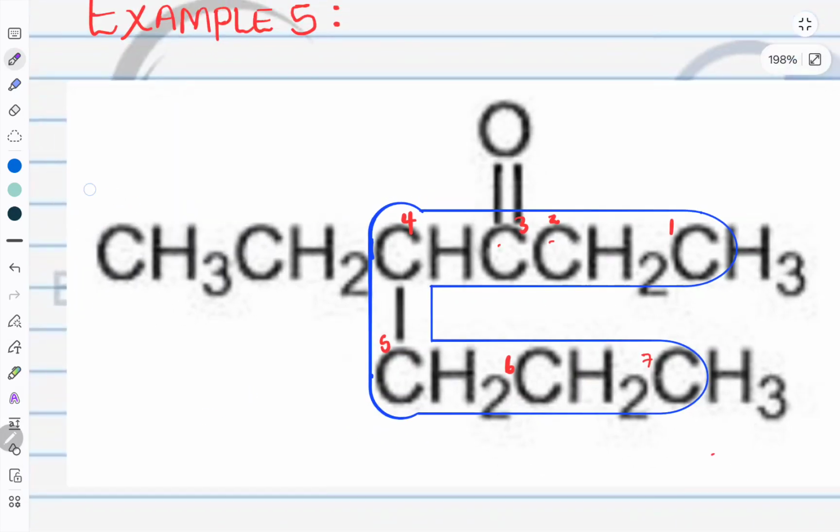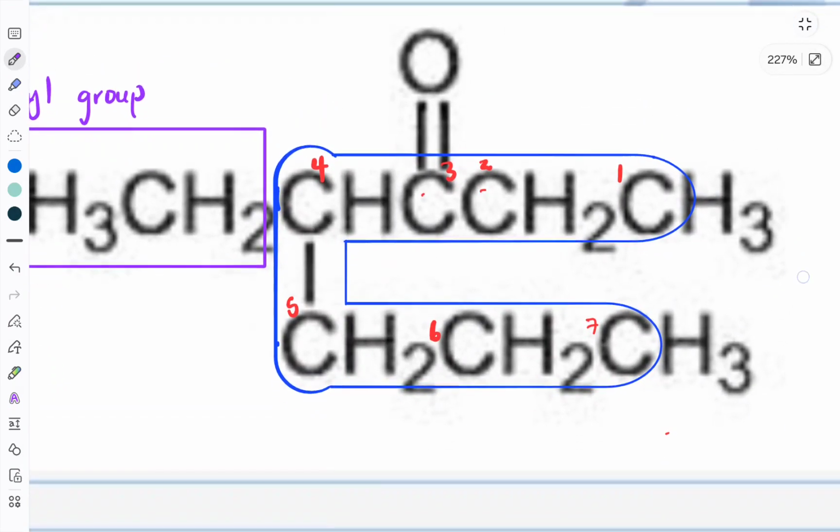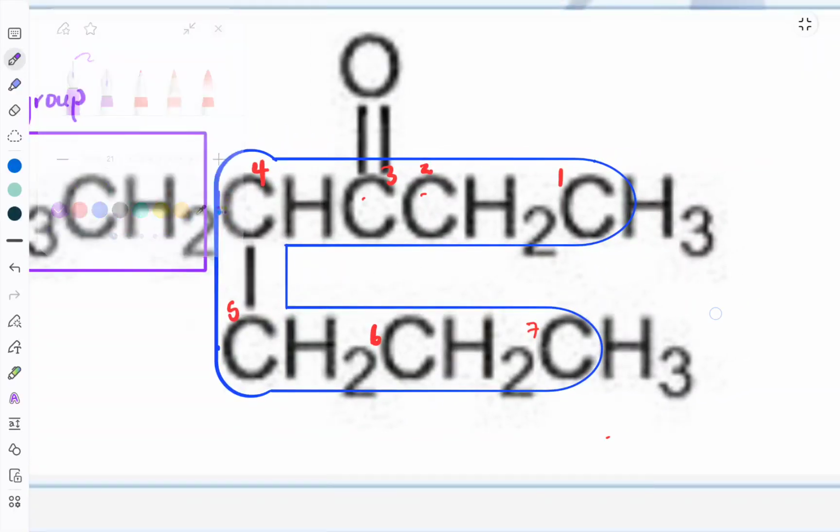Not methyl, sorry, ethyl, because there are 2 carbon atoms. This is our ethyl group. Because it's outside our main chain, it's attached to the main chain as a branch. So we count how many carbon atoms it has, and if it has 2, we would name it eth as the stem name, and since it's an alkyl group, it will be ethyl. So it's an ethyl group. Remember that. Now we have all that, and then let's try to number this chain from left to right. So it means we are moving like this, to the left.